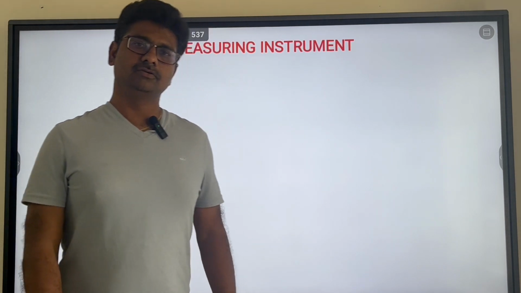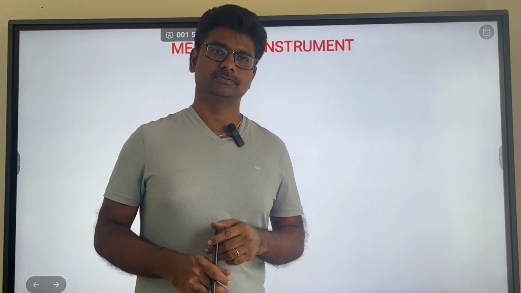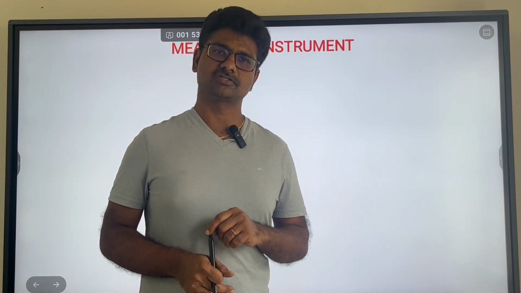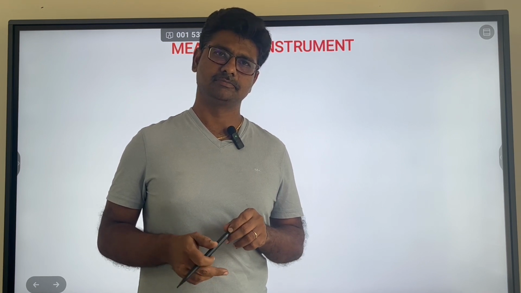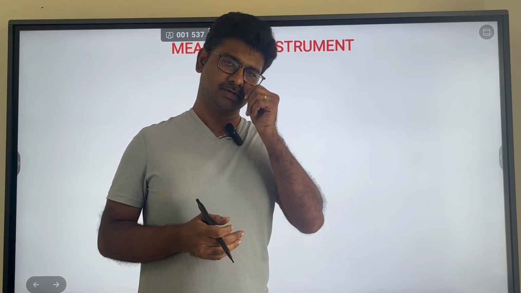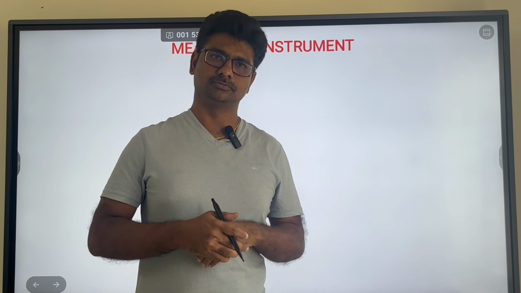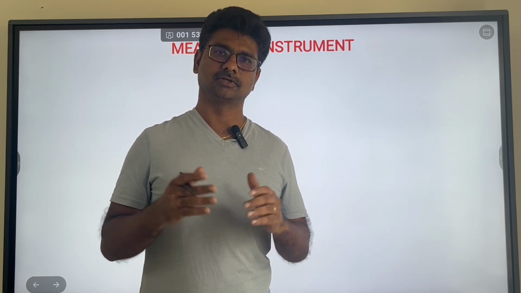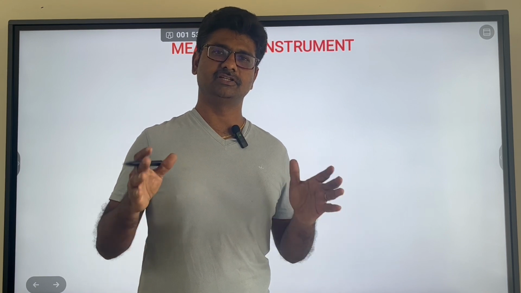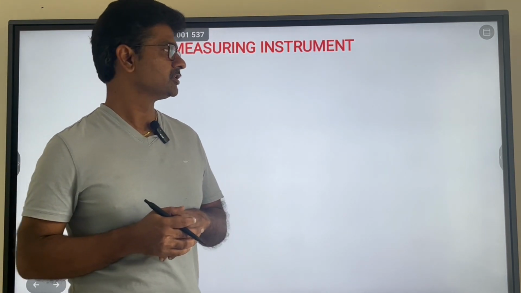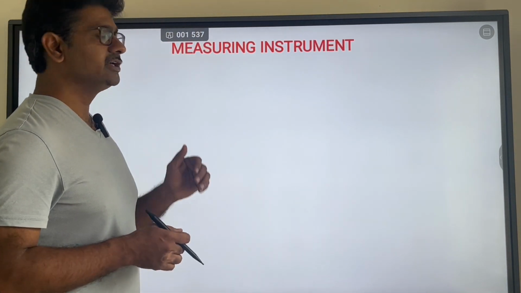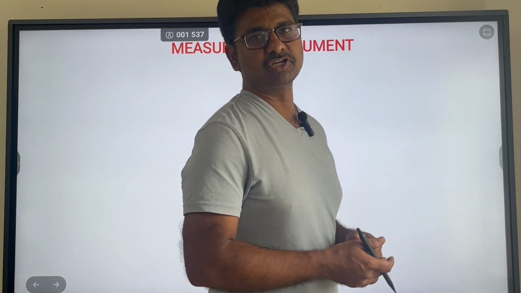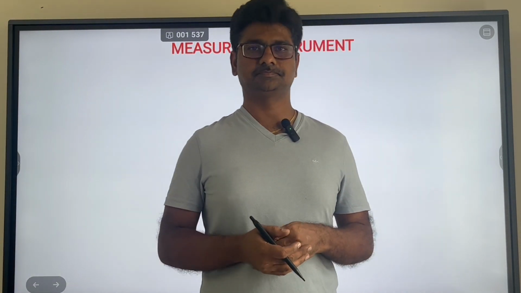Before getting into the accuracy of measuring instrument, what is a measuring instrument? In the last lecture, we have seen what is measurement. Measurement is finding the magnitude, the quantification of a physical quantity, right? Finding how much it is. Now, the device which is used to measure is a measuring instrument.